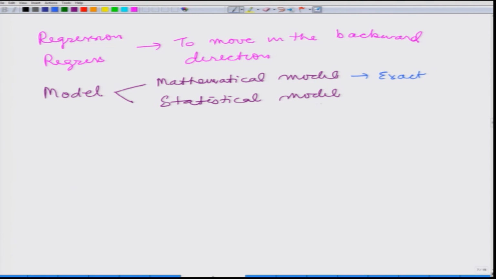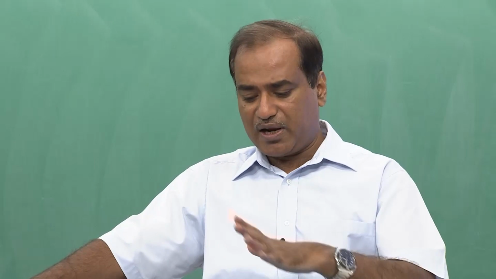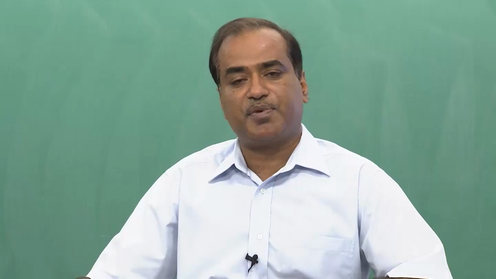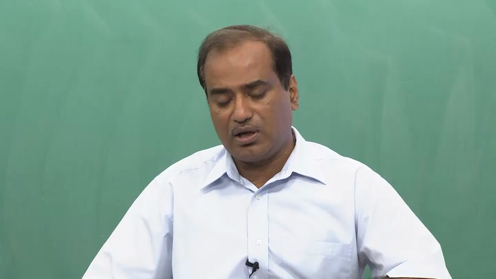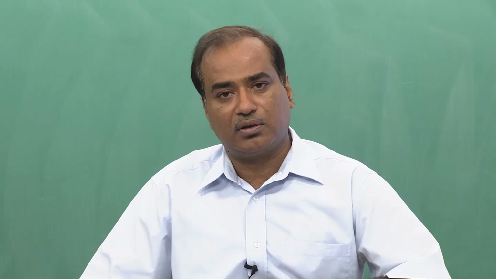And statistical models take care of random variation. And the problem with this random variation is that it is not in our control. Can we take a very simple example to explain the difference between the interpretations of a mathematical model and a statistical model?